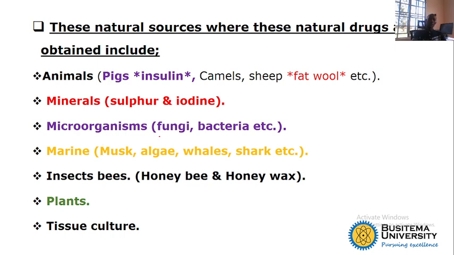For example, with fungi, we have penicillin G, which is commonly used as penicillin. This is obtained from fungi. Insects like bees have provided us with natural drugs, for example honey and wax.